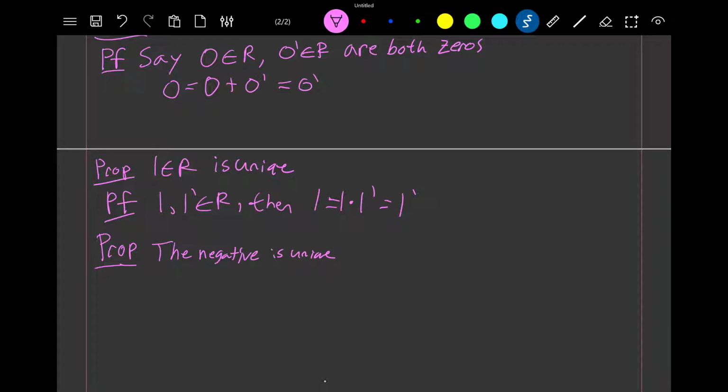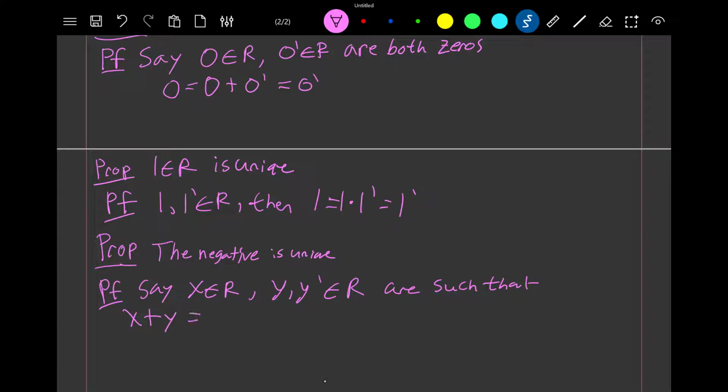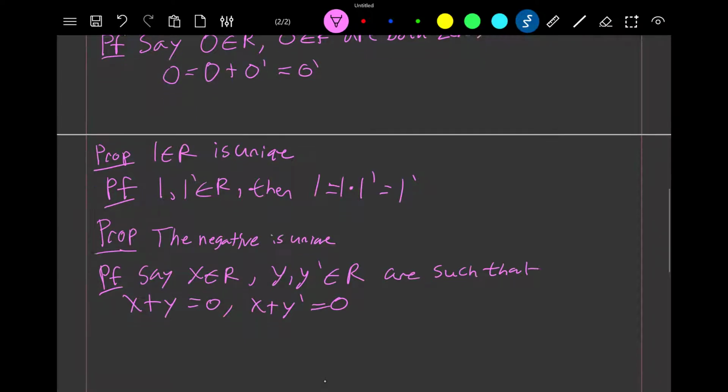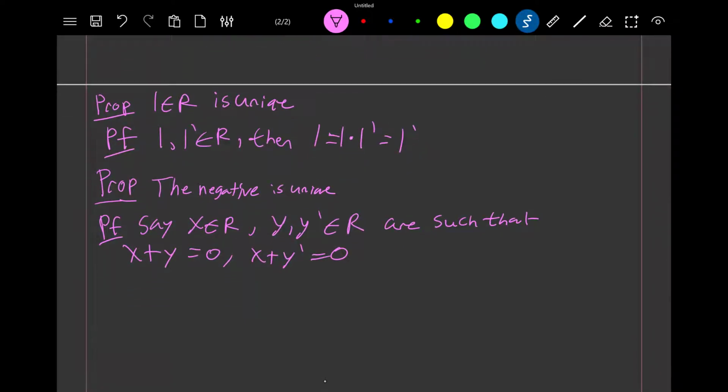The proof of this is, say we have x in R, and we have y and y prime in R such that x plus y is 0, and we also have x plus y prime is equal to 0. So we want to show that y is equal to y prime.